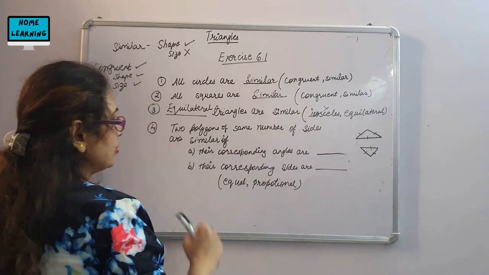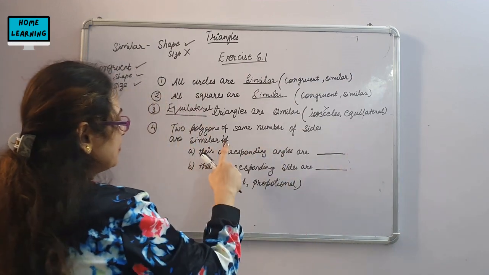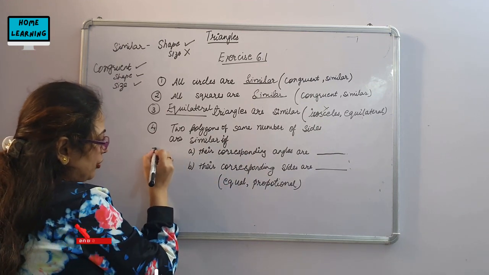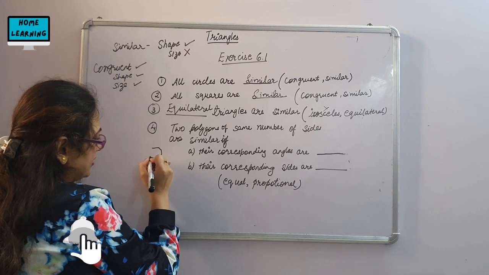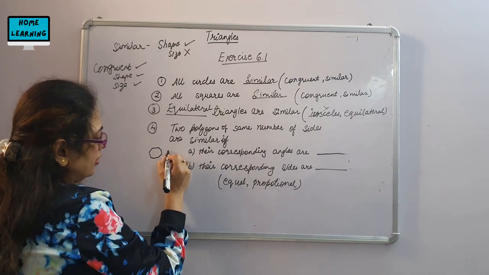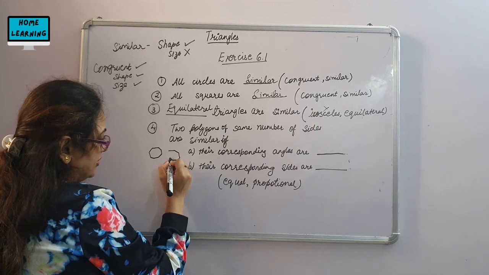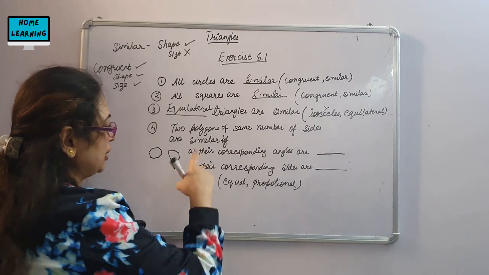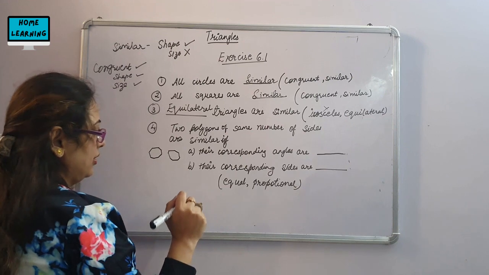Now come to polygons. Two polygons of the same number of sides are similar if, now let us take an example of an octagon. 1, 2, 3, 4, 5, 6, 7, 8. Now it wants you to check whether their corresponding angles are equal or proportional.